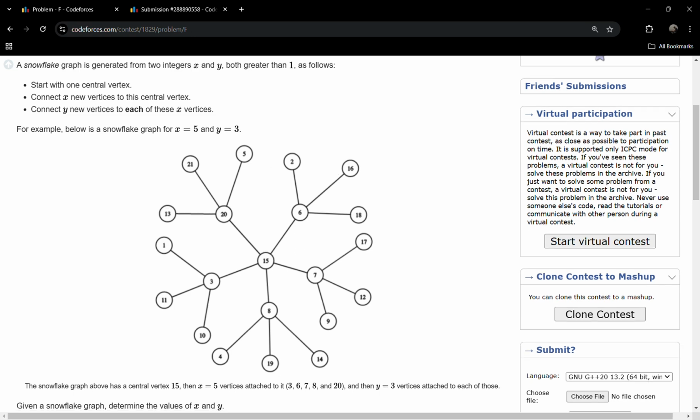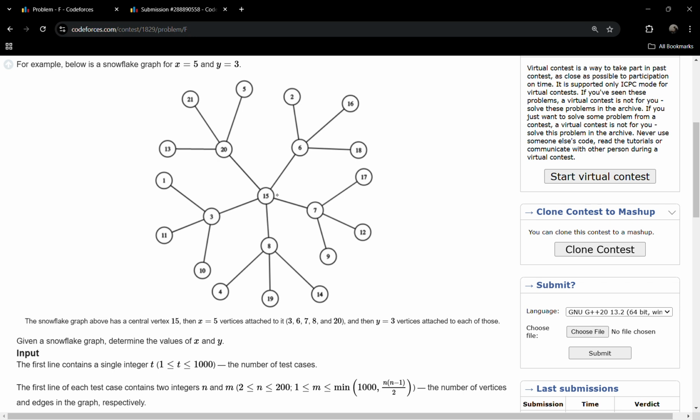So what I can conclude is that when I check the degrees of every vertex, x appears only one time, because here x is equal to 5, so it appears only once in the whole graph.